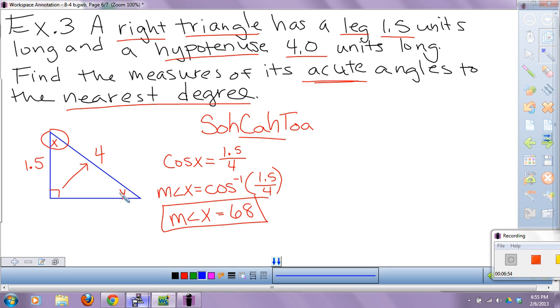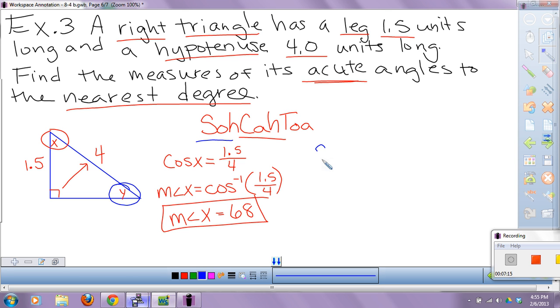So if we're trying to find Y, again, I want to see what I know in relation to Y. So in relation to this angle Y, I've got this 1 1/2, that's my opposite leg, and then again my hypotenuse. So opposite and hypotenuse would be sine. Opposite, hypotenuse.